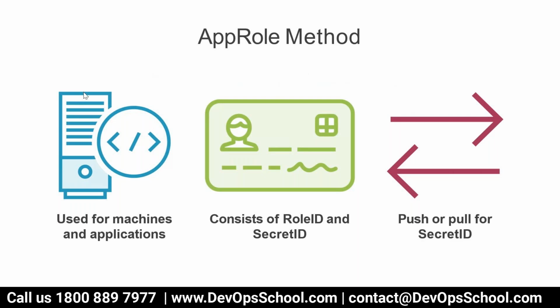The role method is good for machines and applications, for example if you have automation scripting or some applications where you want to use it. The AppRole method consists of a role ID and a secret ID. Push or pull of the secret ID is possible from Vault. I'll show you that through the demo also.